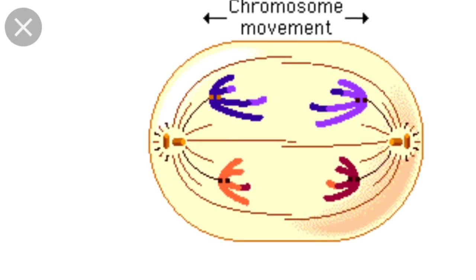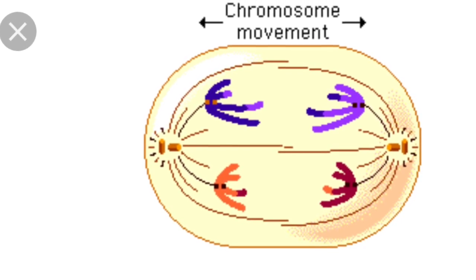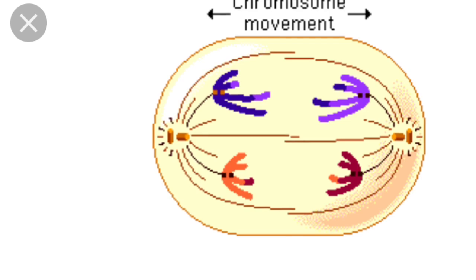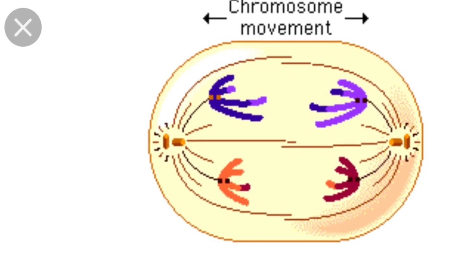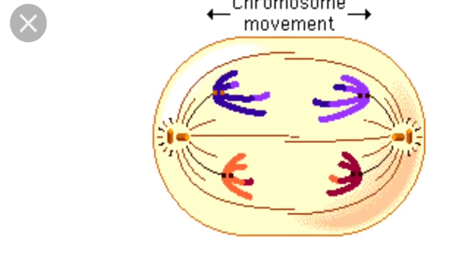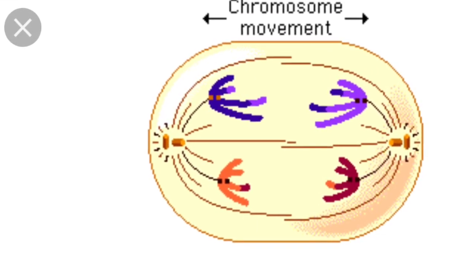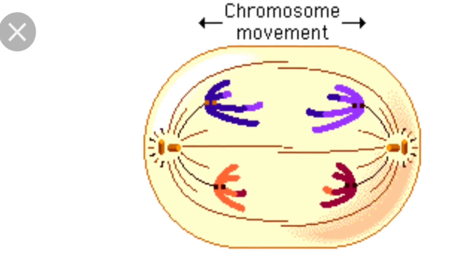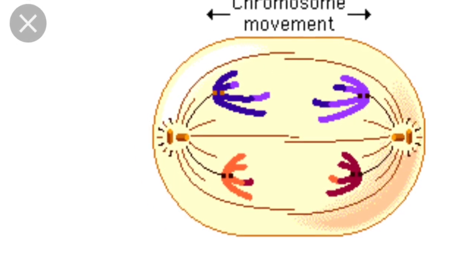Once they do that, we're able to move to anaphase 1. In anaphase 1, the sister chromosomes split or go in opposite directions. Ana means different, or opposite. So those sister chromosomes are moving to opposite poles, or directions, in the cell.